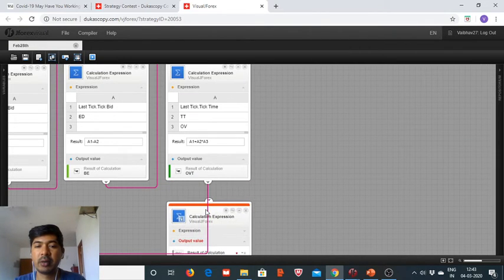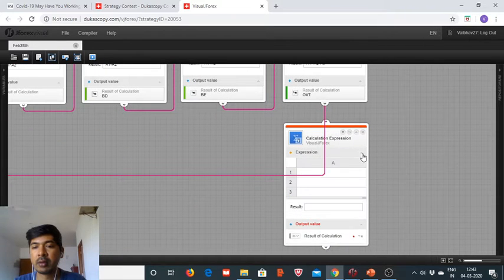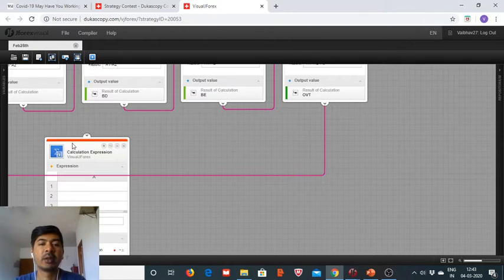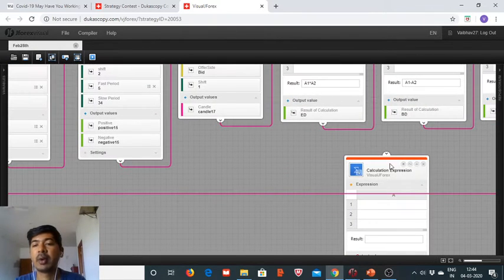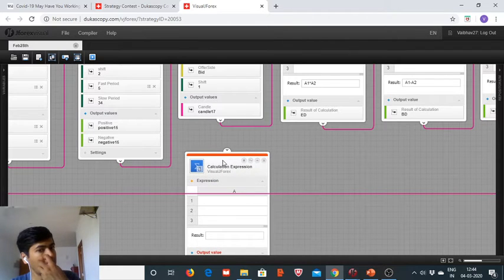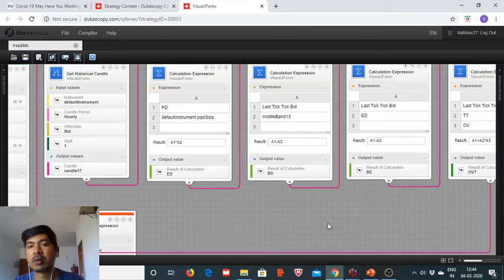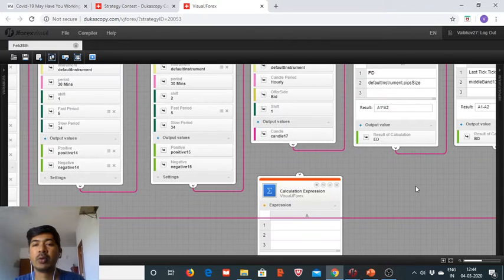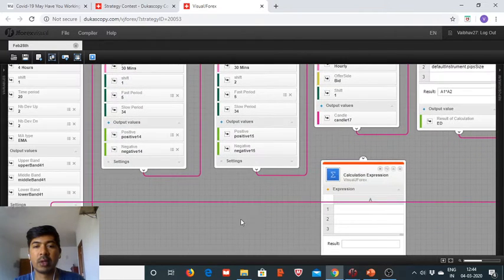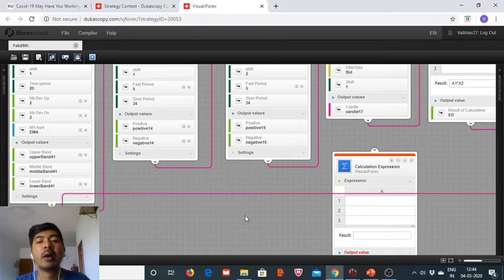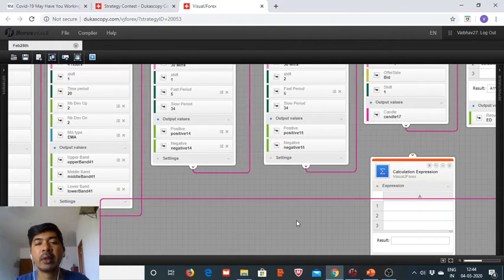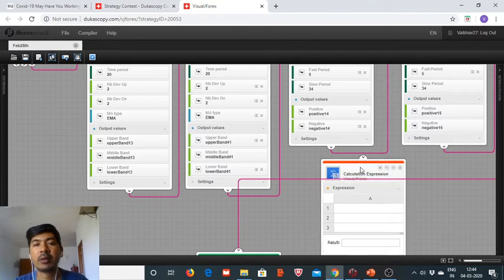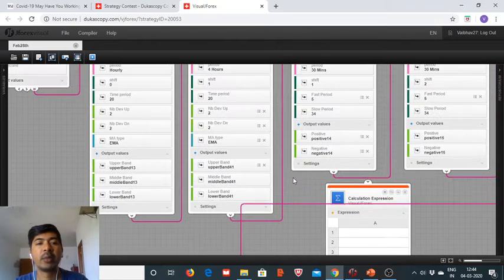So let's bring it here, and we will need to subtract the last candle price, that is the candle close of 17, or we can even use the last tick price as well, and here we will take the middle band of the hourly candle.